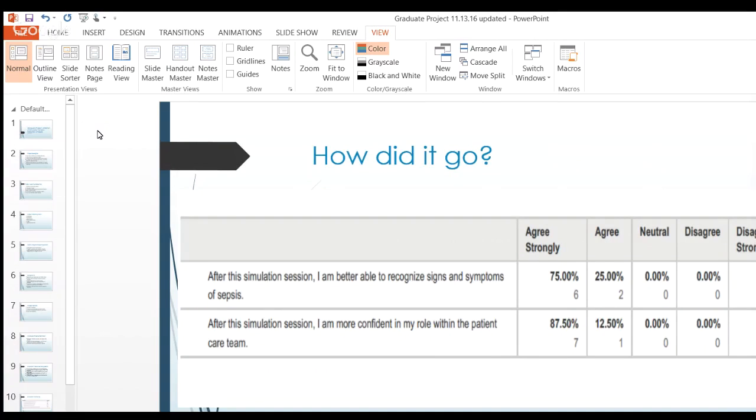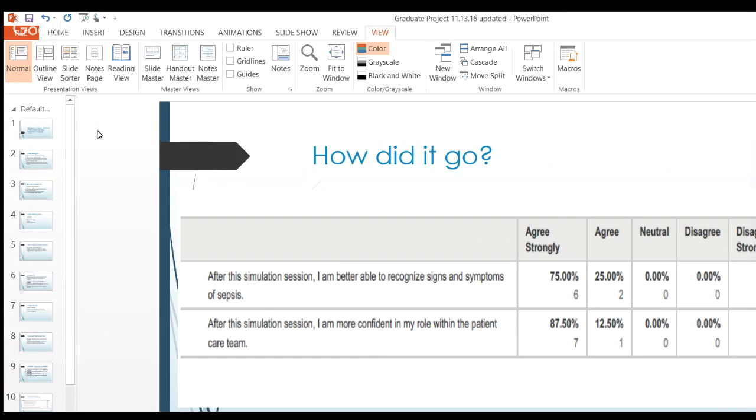So when we look at how did it go, overall very favorable. When we look at how they felt they did in recognizing signs and symptoms, and this is post-survey results, 75% strongly agreed that they felt like they were better able to recognize sepsis.